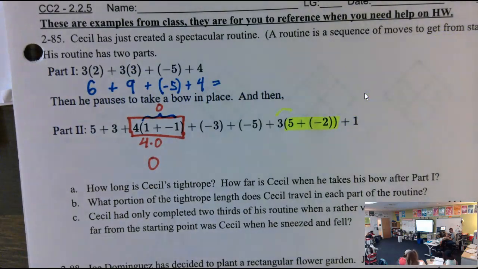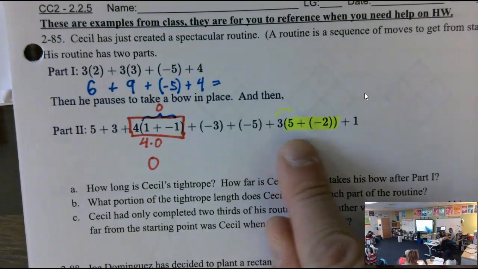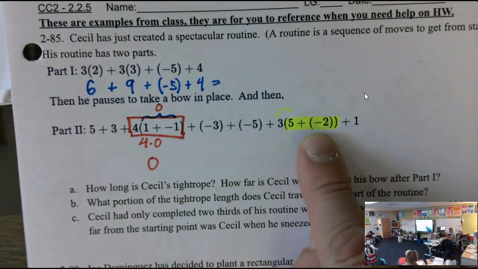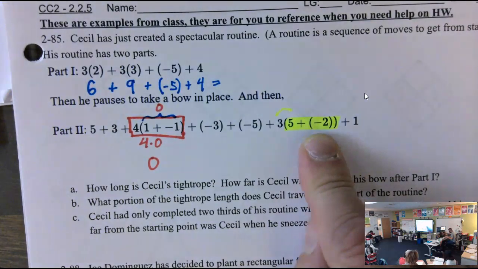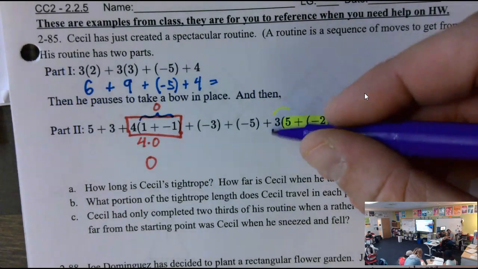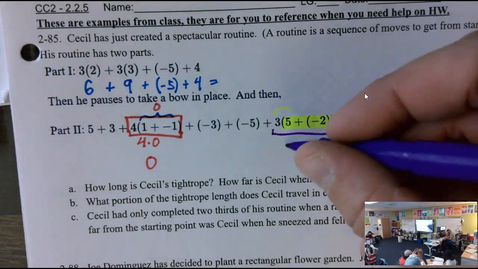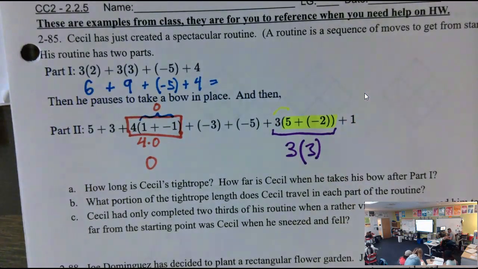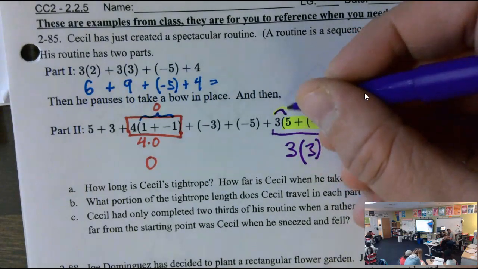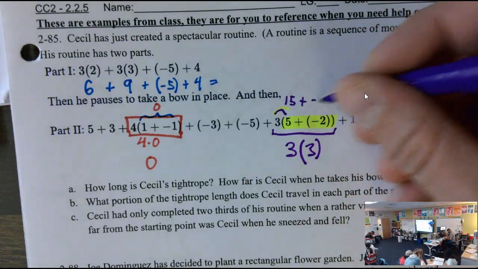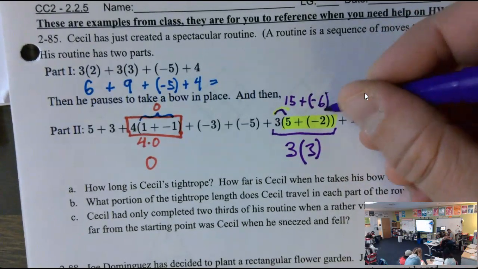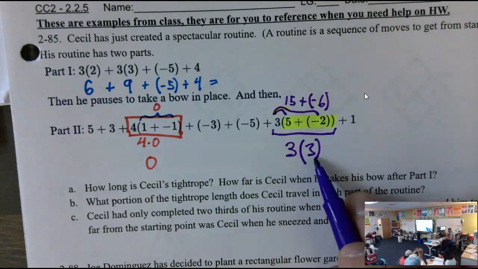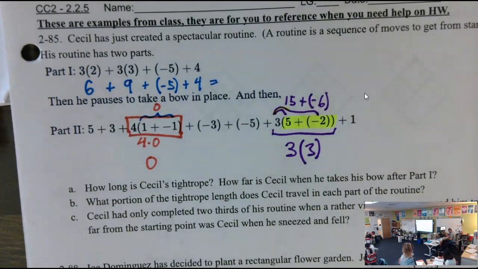Sometimes it's the best, but right now, could I do 5 plus a negative 2? Yeah, what do I get if I do 5 plus a negative 2? 3. So this section can really become 3 times 3. If you multiply, you're going to get 15 plus negative 6. What's 3 times 3? 9.